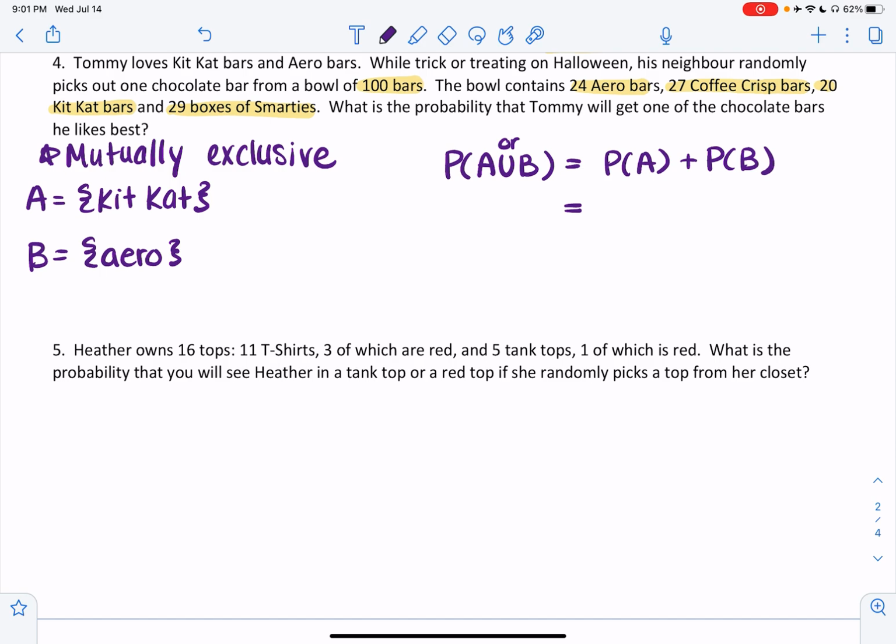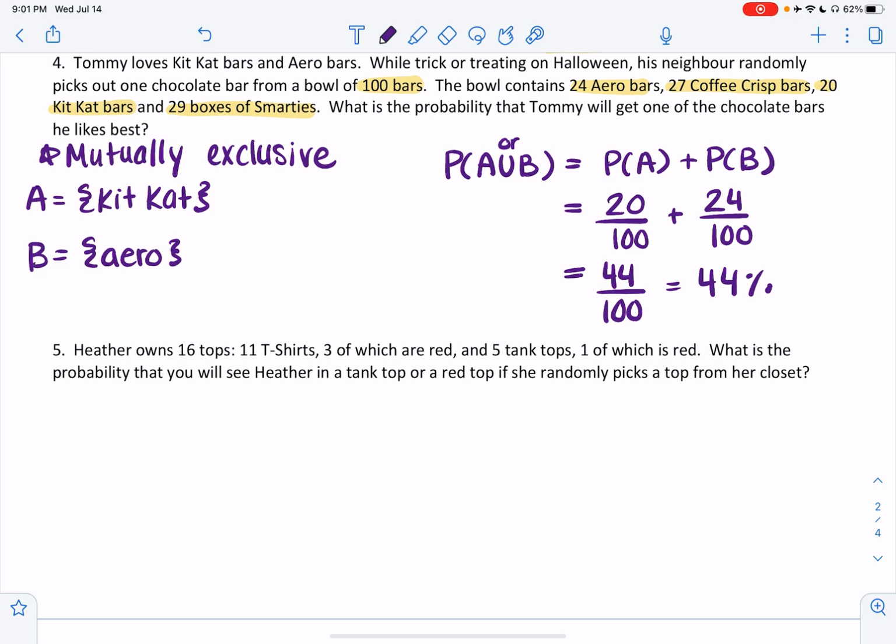So there are 20 Kit Kat bars out of the 100 bars, plus 24 Aero bars out of the 100 bars. That will give us 44 out of 100, which is 44%. There we go. So no double counting going on because we cannot simultaneously have both.